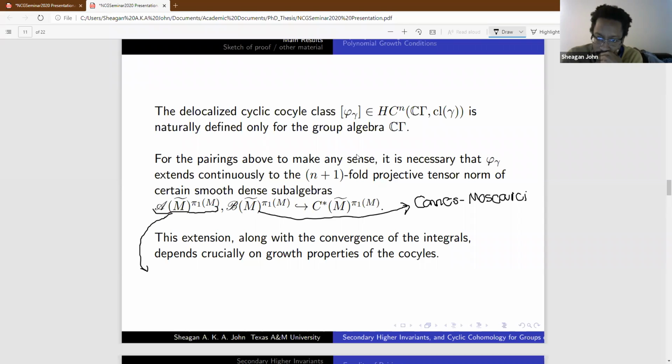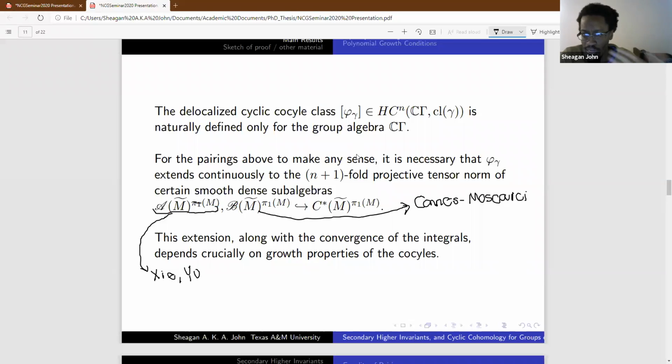And then this one is from Shen and Yu. So I'm making use of these two algebras, showing that in the case of virtual nilpotence, we have the ability to extend our cyclic cocycles continuously.